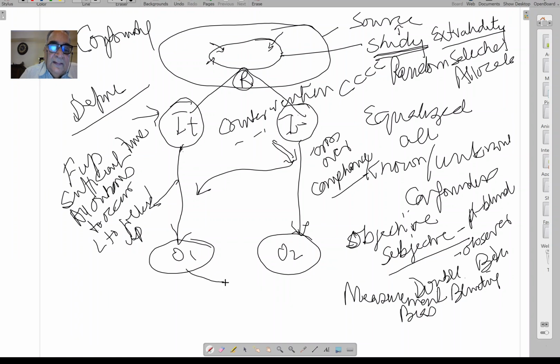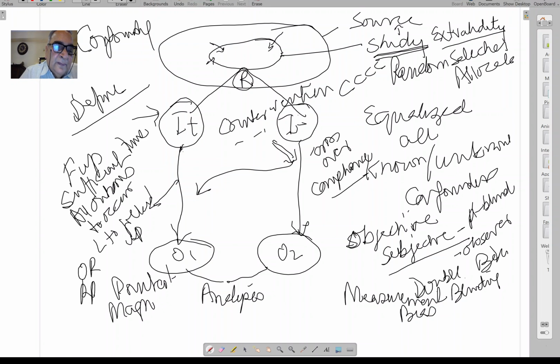Then you compare the two treatments. This is analysis. And you report both the point estimate, that means the magnitude of association, odds ratio and risk ratio, and you also report the significance of association.